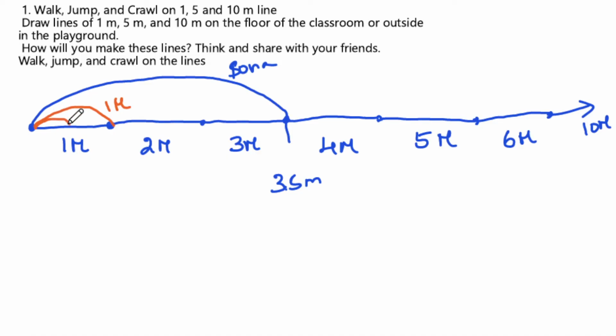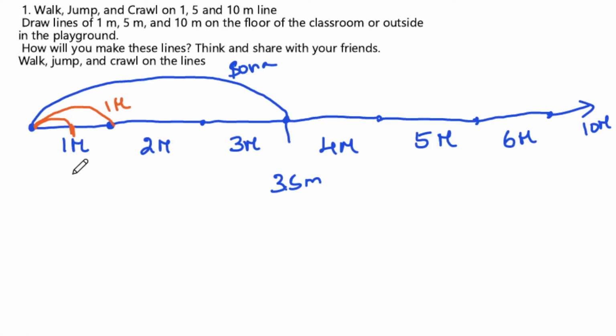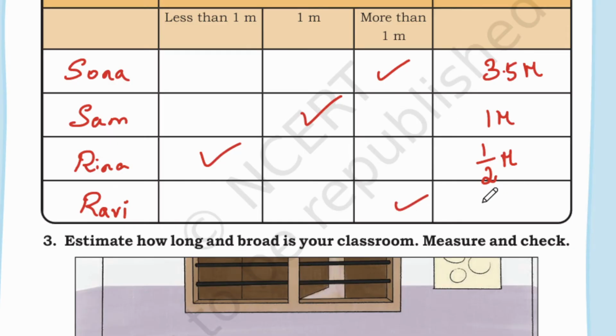We'll write half meter, less than 1 meter, which is half meter. And we have Ravi, 2.5 meters. So you can write more than 1 meter, which is 2.5 meters.